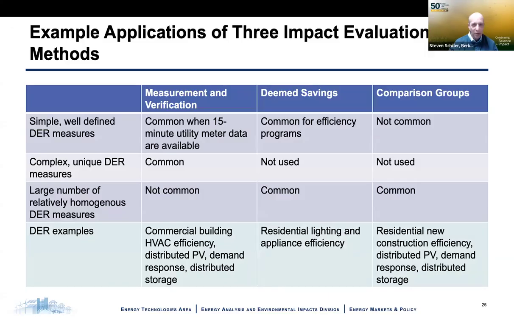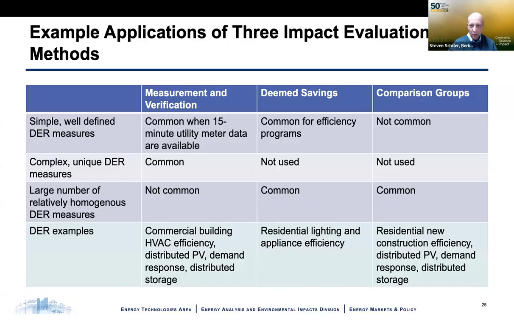So, some applications. I've touched on this as I've been describing them, but the measurement and verification, that second column here, is for simple, well-defined measures. It's commonly used when you have utility 15-minute meter data available, and it's really not particularly applied for complex programs.